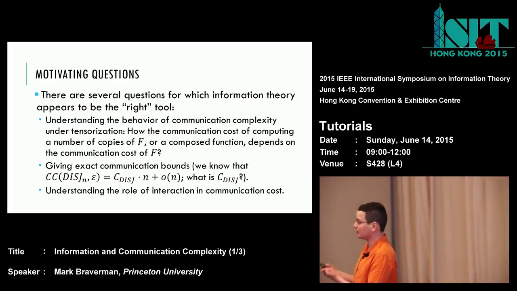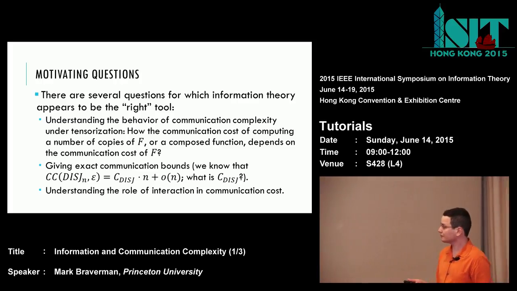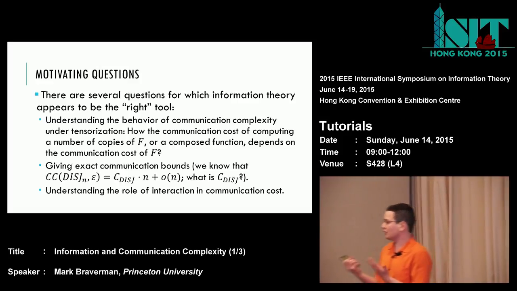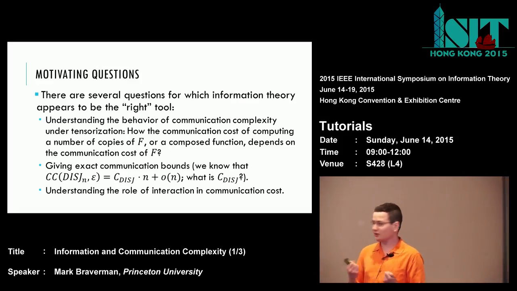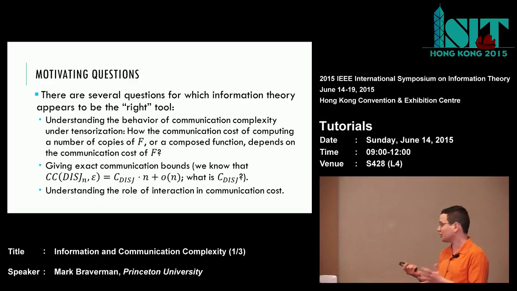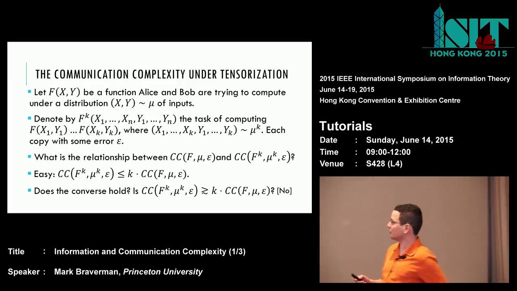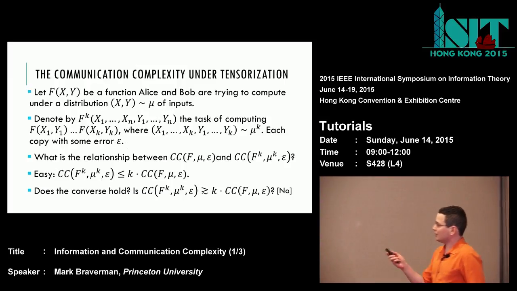Information theory is better equipped to give those answers, and also things like understanding the role of interaction and interaction-communication trade-offs and so on. So there are many other questions, but we'll focus on the first two.